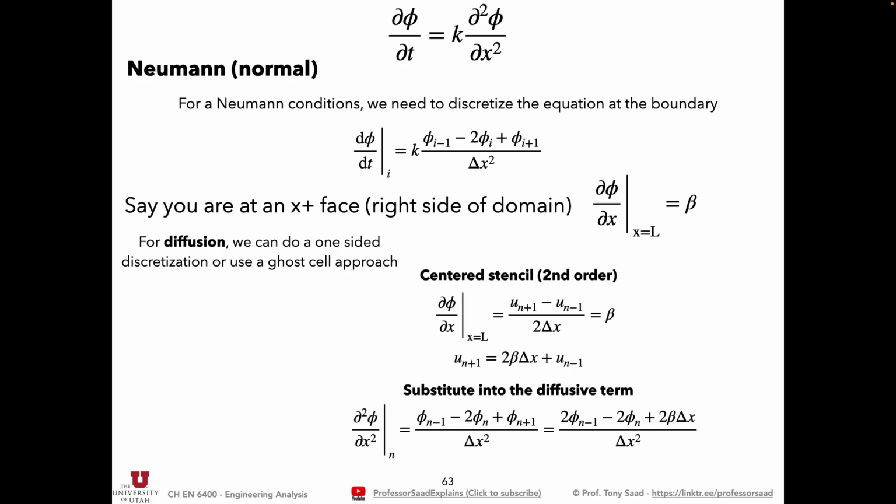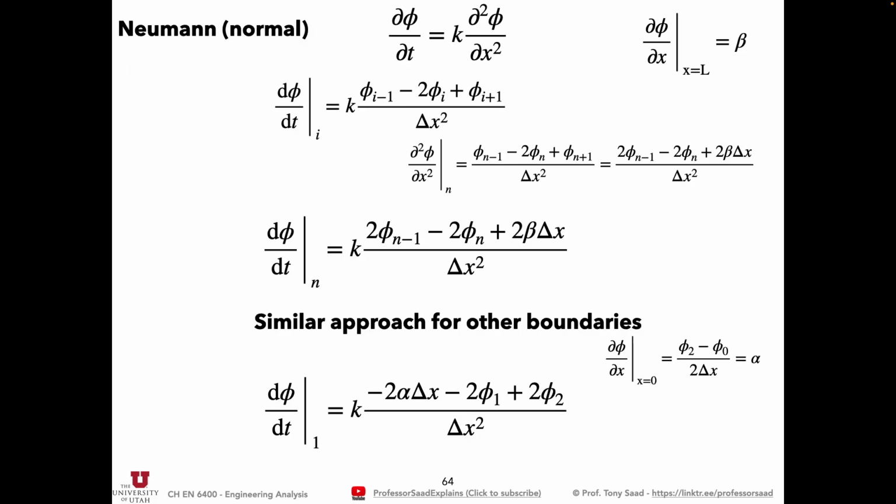It just changes the right-hand side at that one boundary point. For Dirichlet, the right-hand side is 0 or whatever. If the Dirichlet is a function of time, you have to figure that out. If it's constant, the right-hand side is 0. But for a Neumann condition, this is the right-hand side. And you simply say, at boundary point n, this becomes my equation.